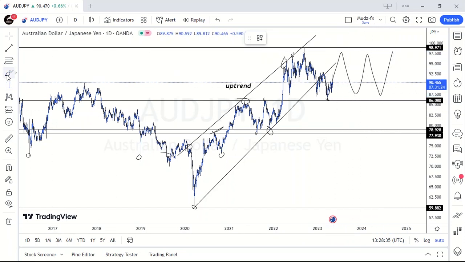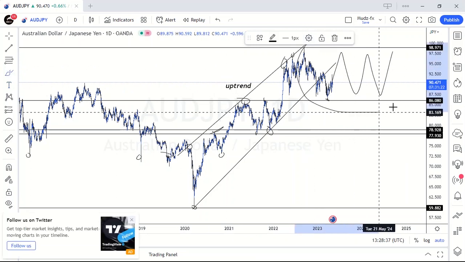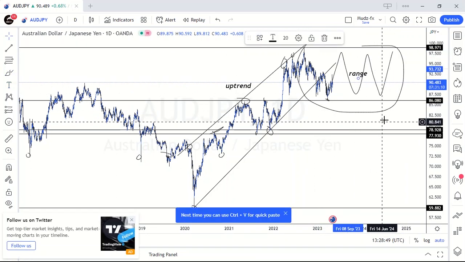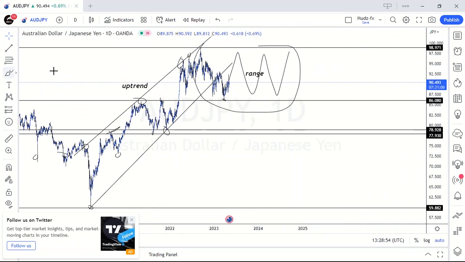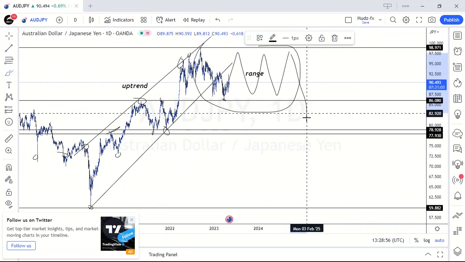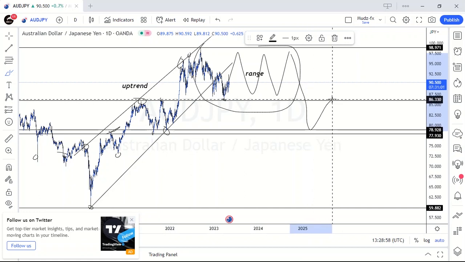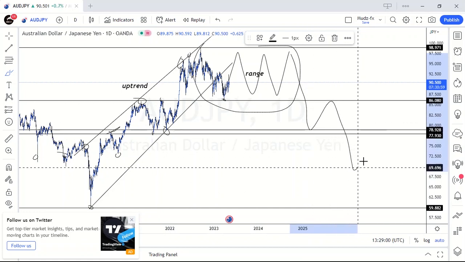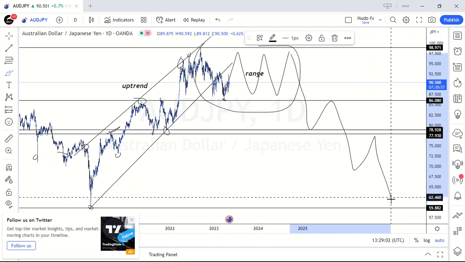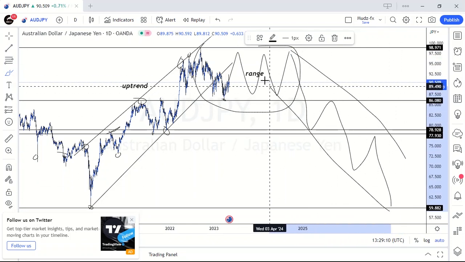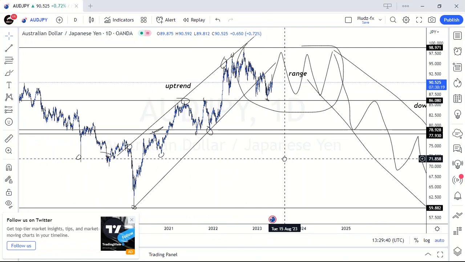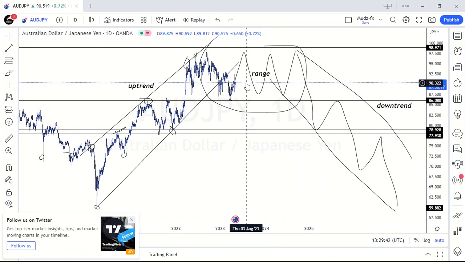This one is different from an uptrend or a downtrend, but eventually you have to break either below and make a downtrend. So we might see the market changing from an uptrend to a range, and from range to a downtrend. As a price action trader, you have to expect anything.